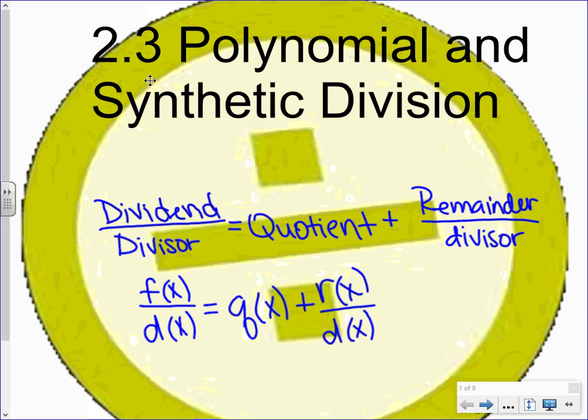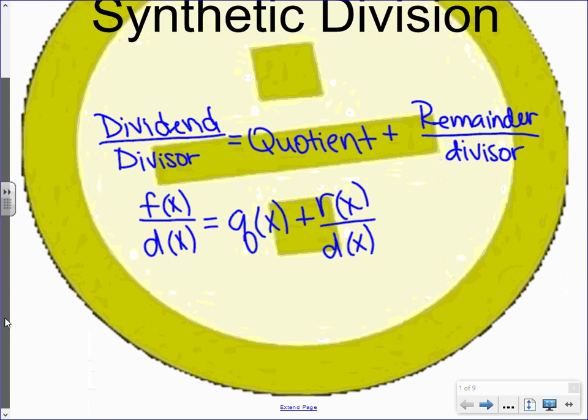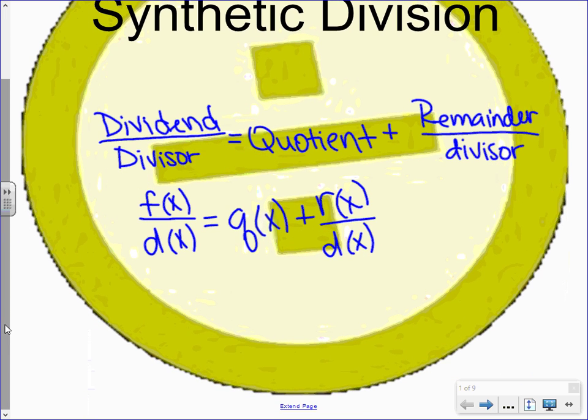All right, we're taking a polynomial divided by a polynomial, so then we can express things polynomially, okay? So if we take a dividend and we divide it by a divisor, we get a quotient, and then we add on the remainder over the divisor. Okay?